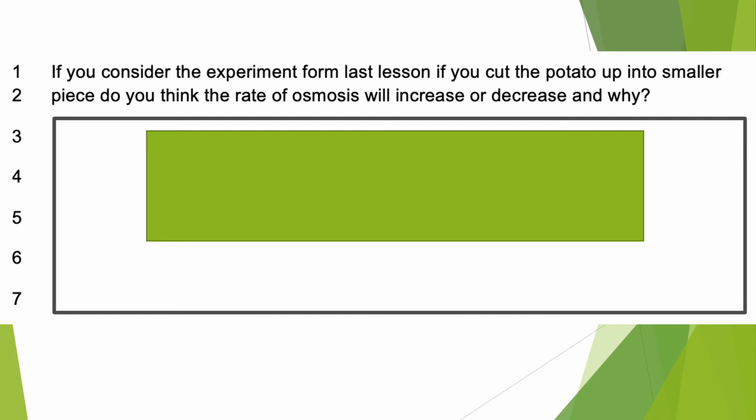So honestly, you don't even need to know what you did for the experiment, because it's asking you, if you cut up a potato into smaller pieces, are you going to increase the rate of diffusion or decrease it, and why? And the thing is, it's asking, what are you doing to the surface area? All right. So again, you might not have the same answer as me, but go ahead and try this question really quickly. Write down what you think is the correct answer, and I'll show you what I wrote.